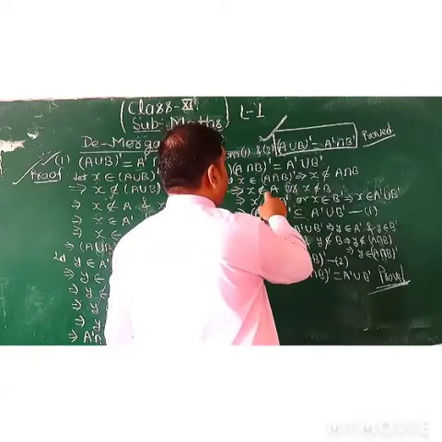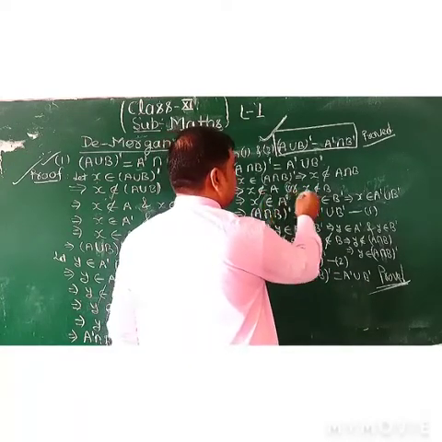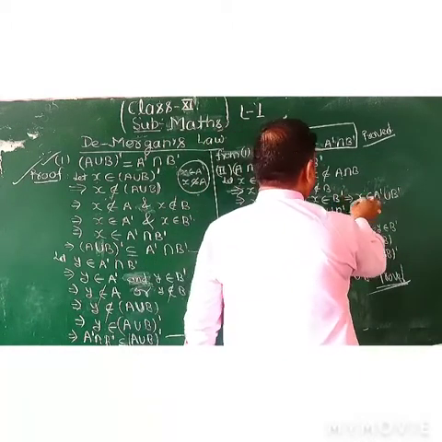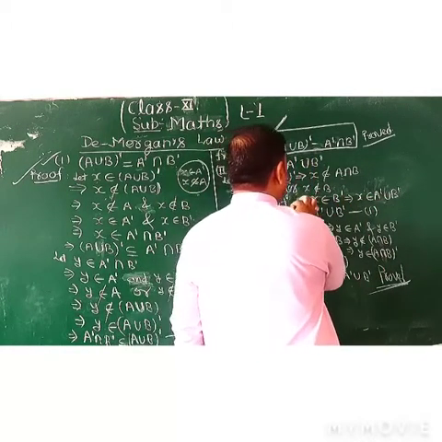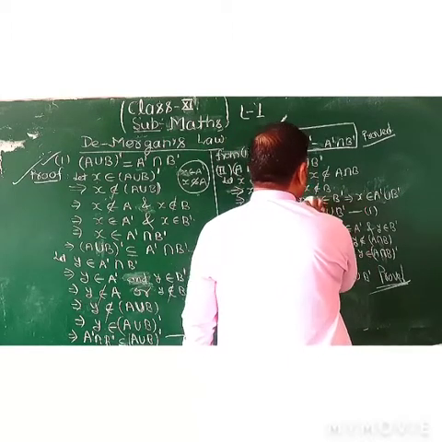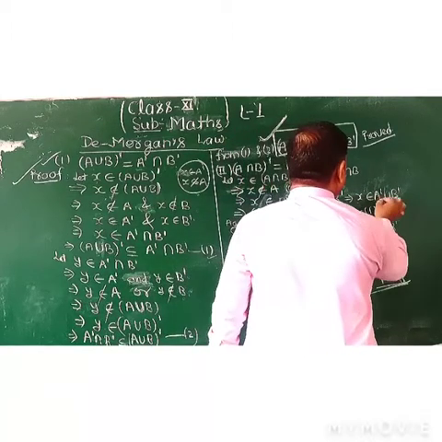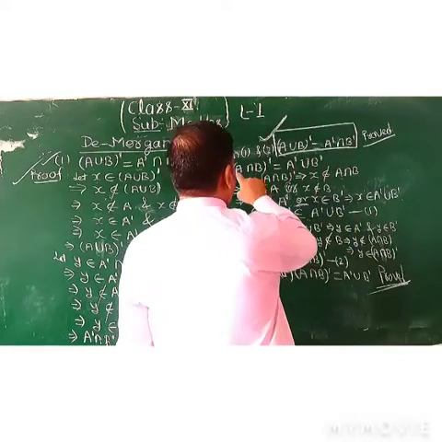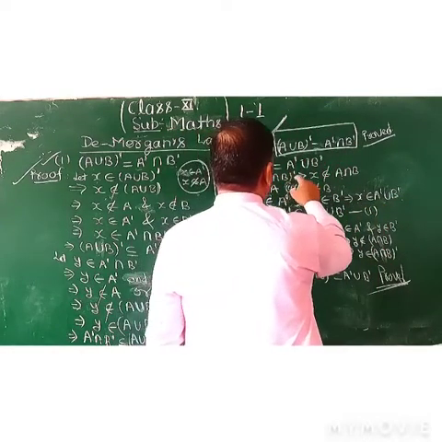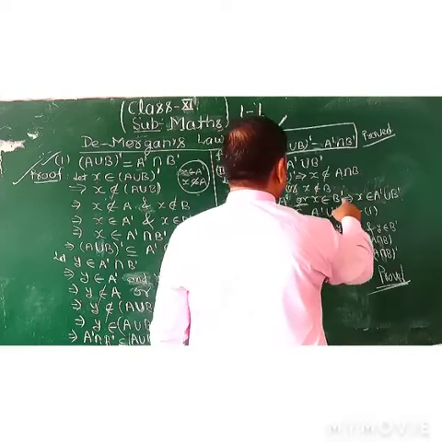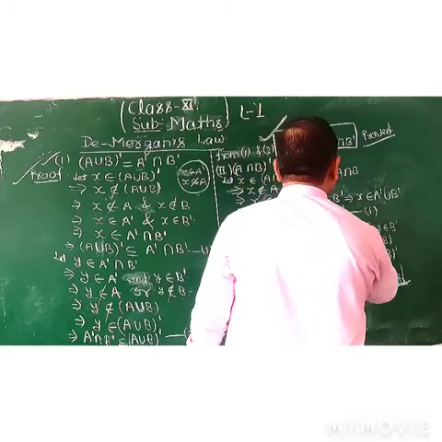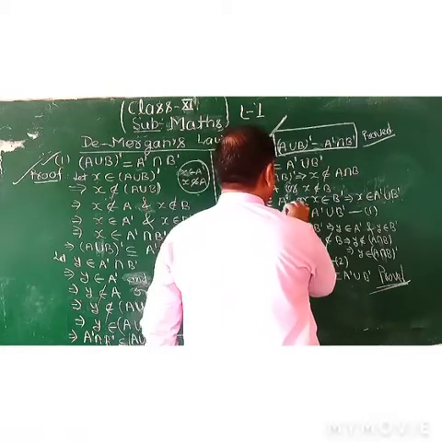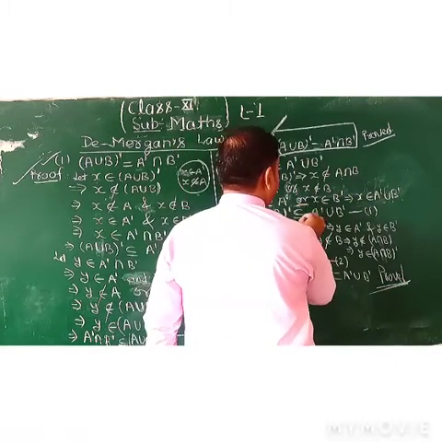So x does not belong to A or x does not belong to B, so x belongs to A' or x belongs to B'. So x belongs to A' union B'. Since x belongs to (A intersection B)' and x also belongs to A' union B', (A intersection B)' is a subset of A' union B'.